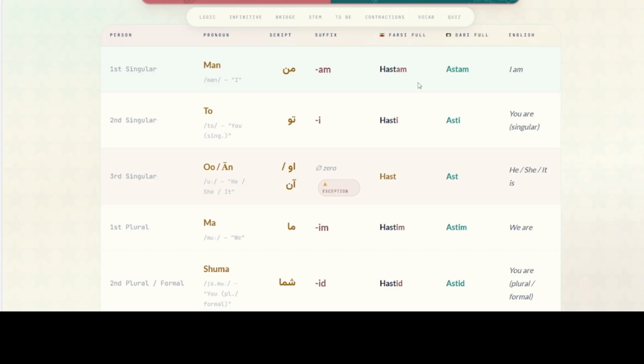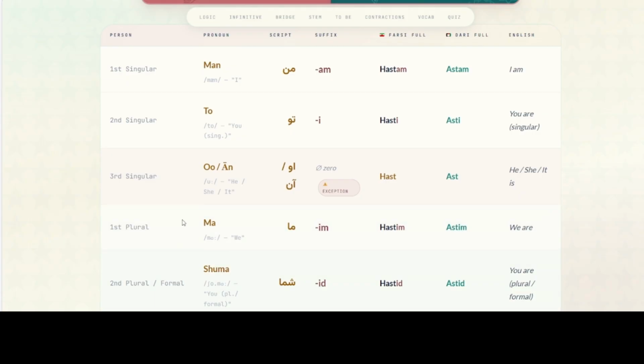So if I want to say I am, I say hastam. To means you singular. If I say you are, then I say to hasti. It ends with the i. And to say he or she or it is, we say u hast, because for the third person it's an irregular one. It does not get any suffix with the to-be verb, okay? And also in the past tense we have no suffix for the third person. We say u hast, means he, she or it is.